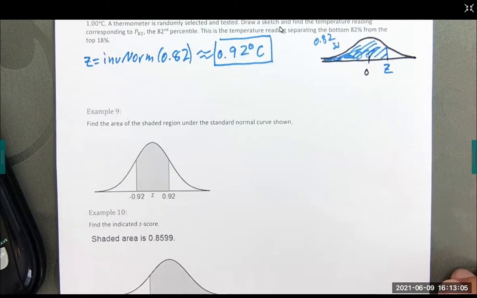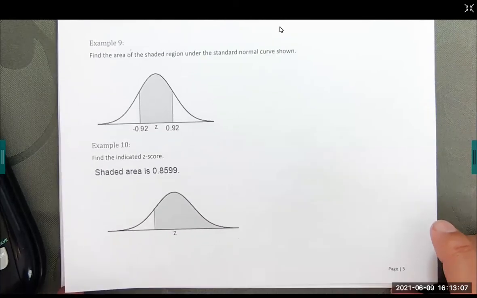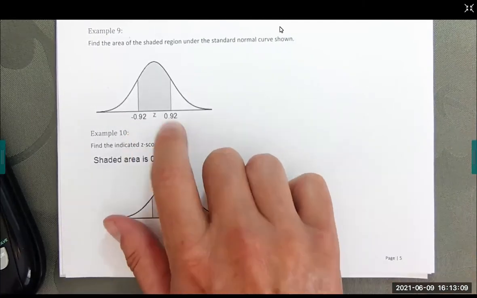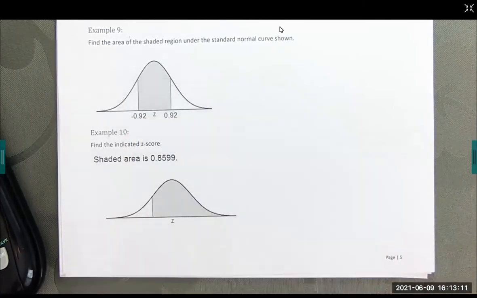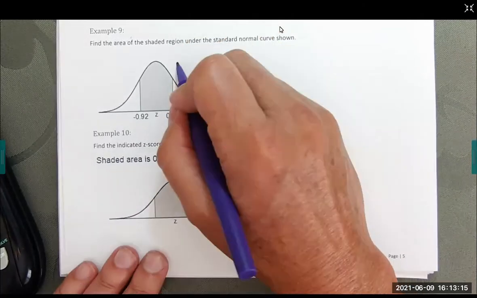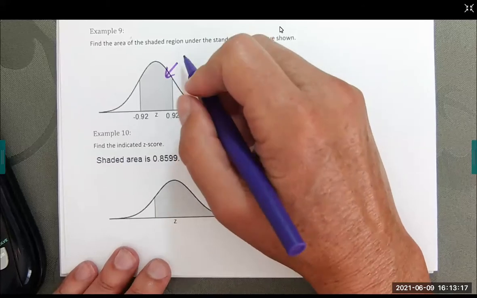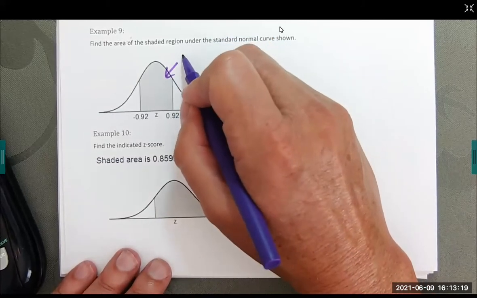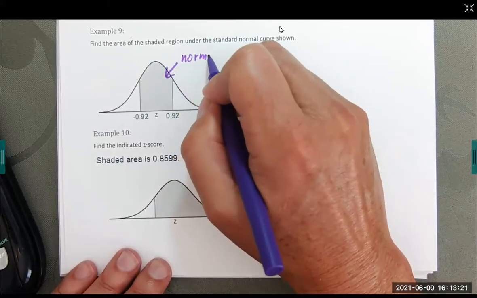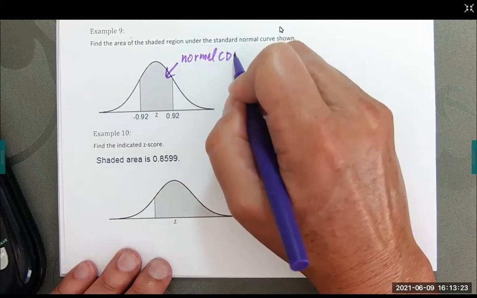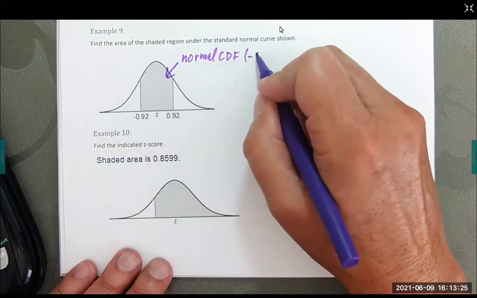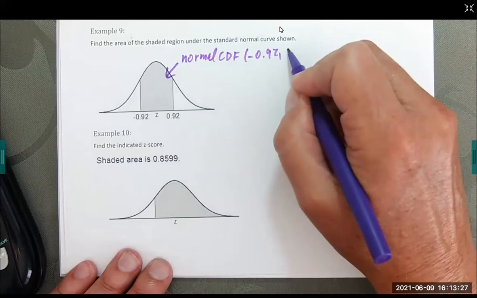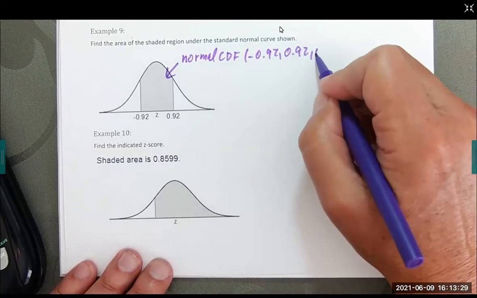Now, example 9 is a little different. Here we're given the z values and we're looking for the area. So this means that this area here is going to be normal CDF, negative 0.92 to positive 0.92, 0 and 1.